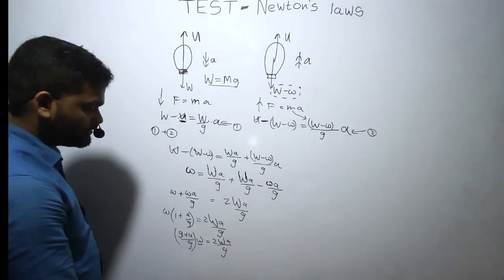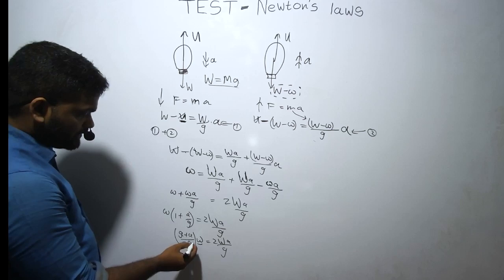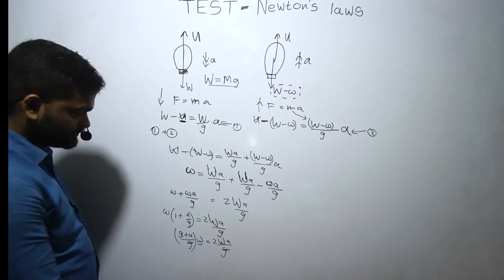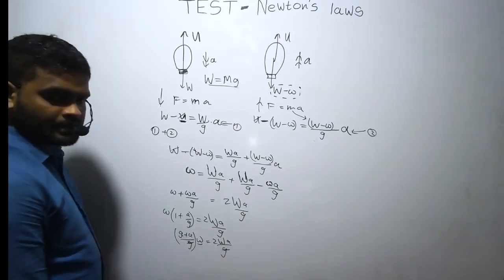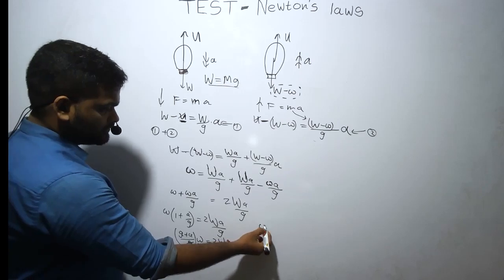So you need to single out W. This G and G cancels off, right? Then what do you get for W?